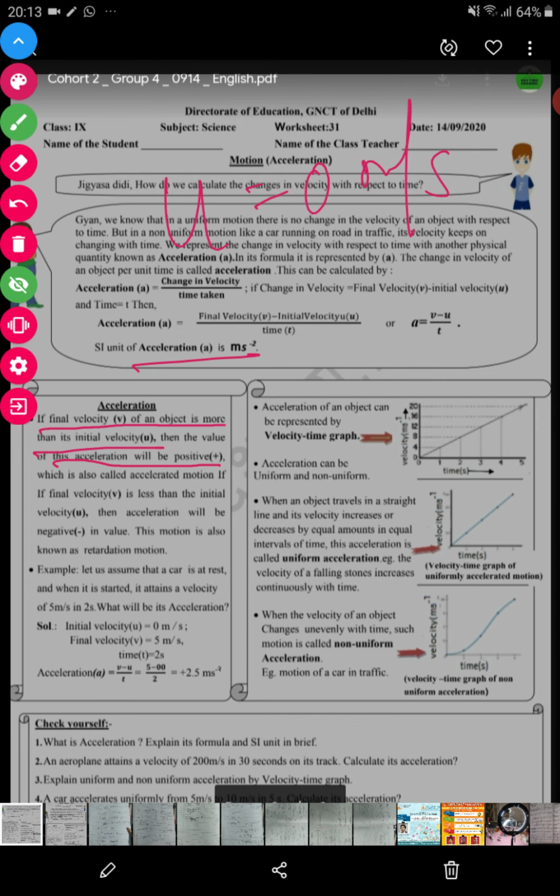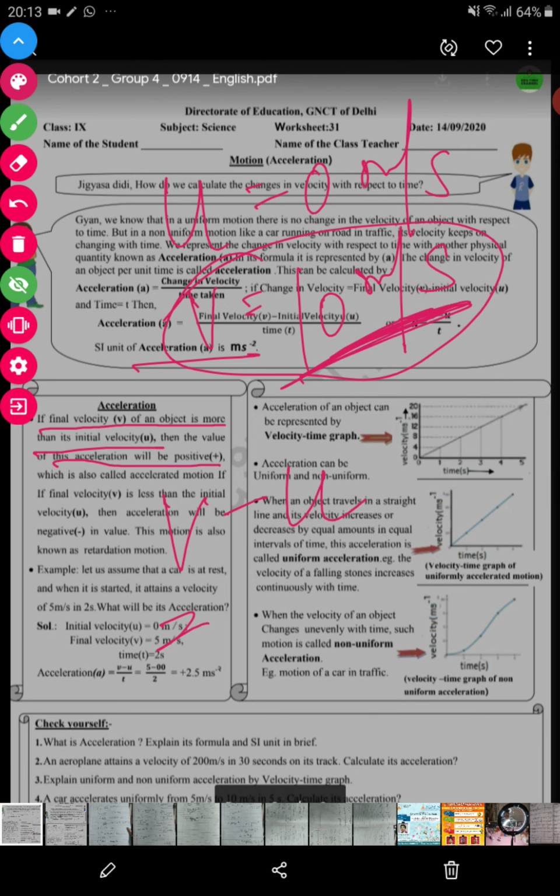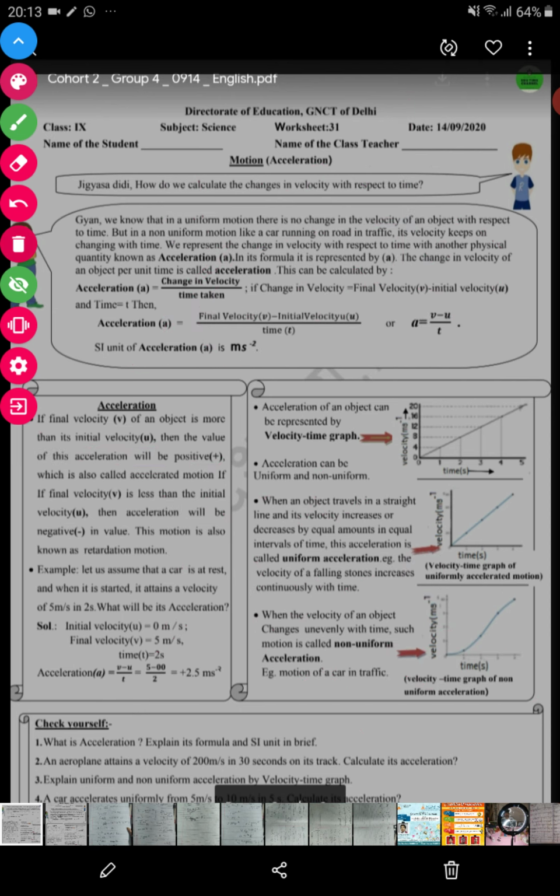Finally, you started riding it with a velocity of, say, 10 meter per second, so this is your final velocity, right? So in this case, v minus u, that is 10 meter per second divided by whatever the time, right? This is a positive value, so it is called acceleration. It is accelerated motion, right?